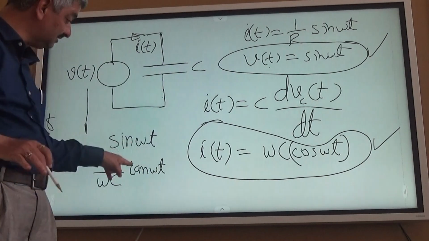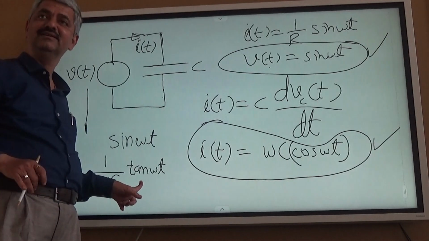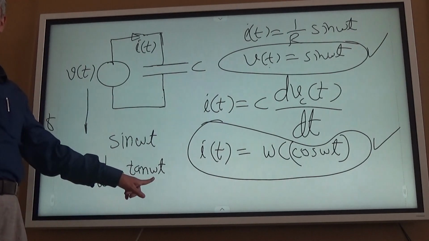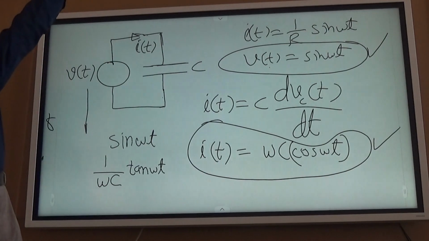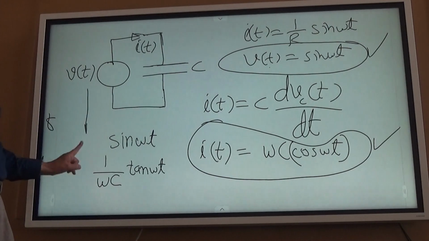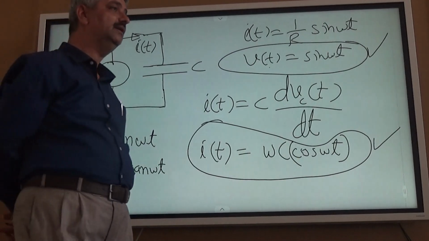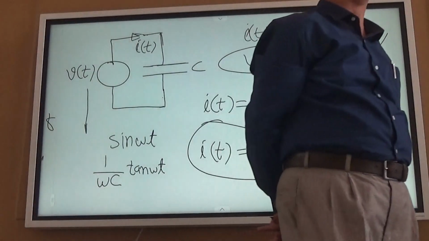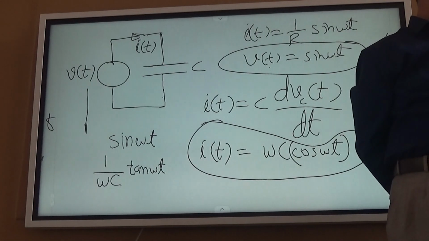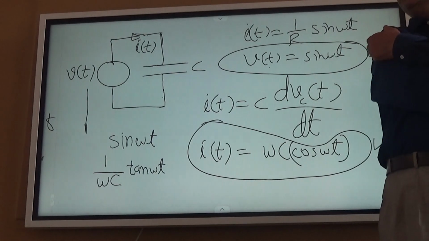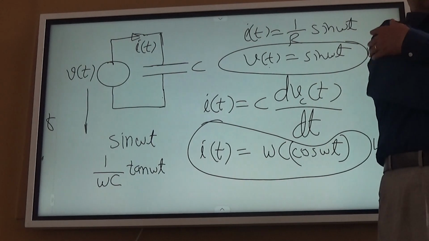So tan omega t, depending upon omega t, ranges from plus infinity to minus infinity. This is what we can call instantaneous impedance. So that will be a term which is not of much use.